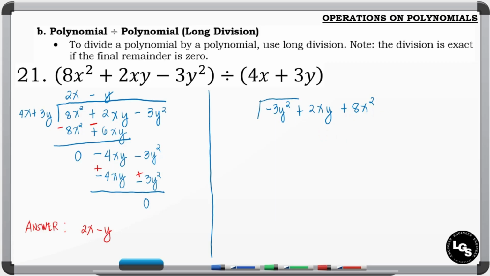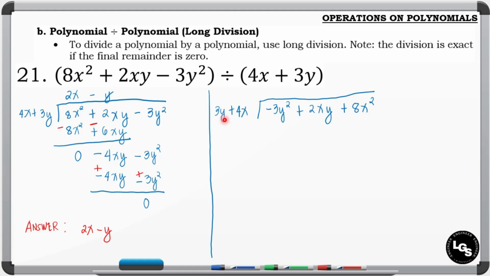Then we divide this by, write first, the 3y plus 4x. Because we use the negative 3y squared as the leading term for our dividend, our leading term for the divisor should also be the y term. So this is the 3y.